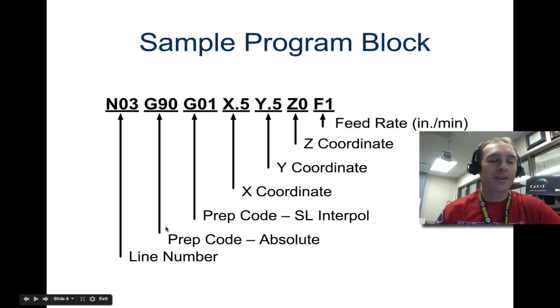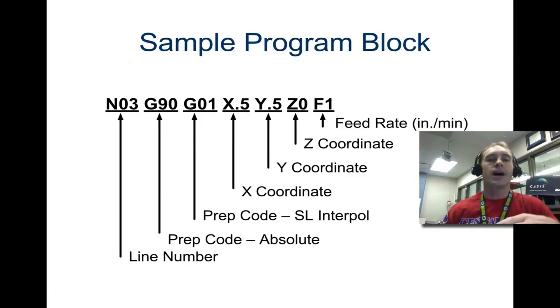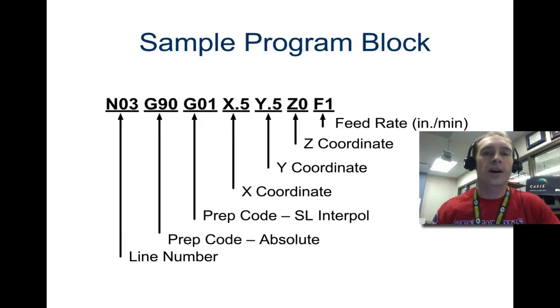Here's another example, line number N03. Again, 0 is fine. G90 is a prep code, and that means absolute. G91, if you look at your reference sheet, says incremental, or it says relative. They both mean the same thing. And G90 is absolute. If you were using a piece of graph paper, which you will when you program out your yo-yo design, G90 uses the actual coordinates on the graph paper.